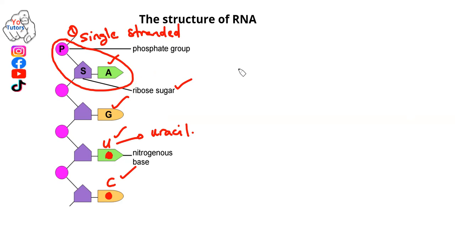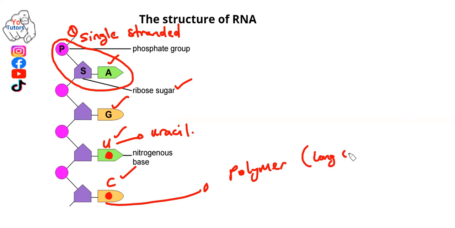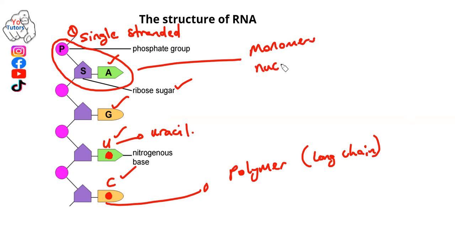So it's single-stranded, and as you can see, it's a polymer. Again, it's a long chain, so it's a polymer made up of monomers of the nucleotide.